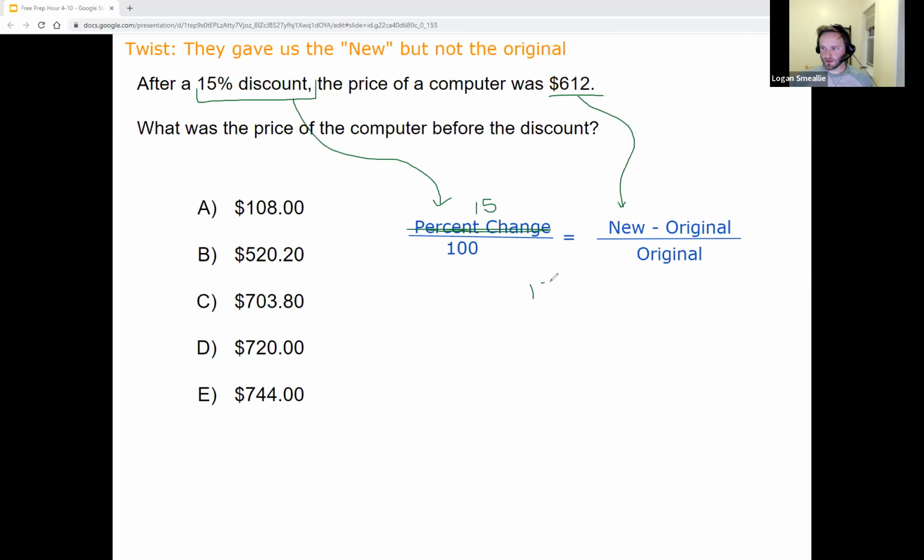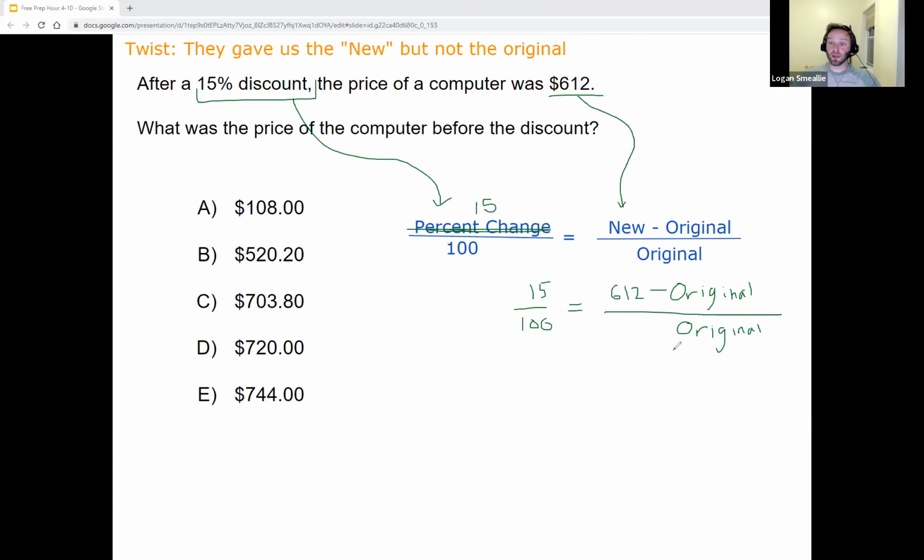So I can rewrite this as 15 over 100 equals 612 minus the original, over the original. This is pretty yucky, but it is still totally solvable.